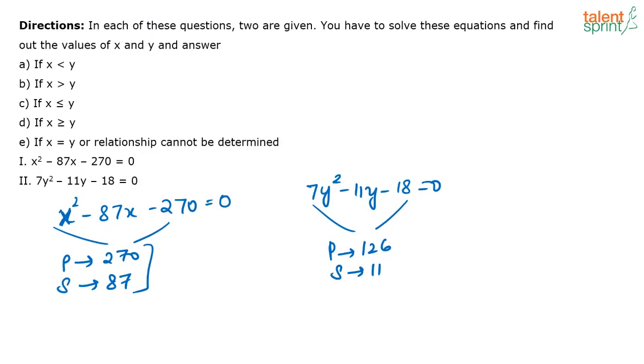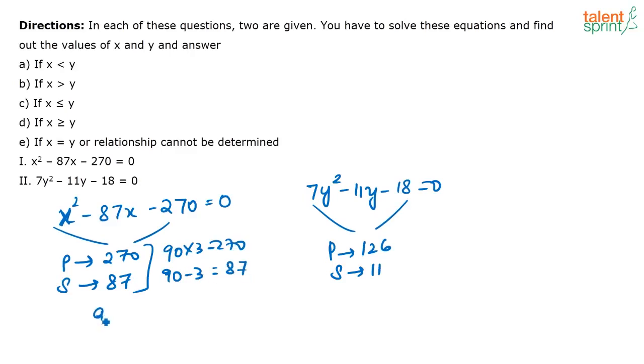I think you can see that very clearly, because otherwise how many steps we would be writing to arrive at the answer. So here you have 270, actually 90 and 3, correct? 90 minus 3 is 87 and 90 into 3 is 270. Now if you are not able to get it directly, as I said, you can factorize 270 and try to group the factors in such a way that you arrive at this result. So you have 90 into 3 is 270 and 90 minus 3 is 87.